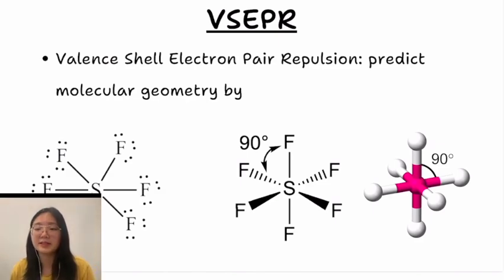And finally, VSEPR, valence shell electron pair repulsion. VSEPR is extremely important in determining the three-dimensional shape of a molecule, and how it does it is by minimizing the electron-electron repulsion.